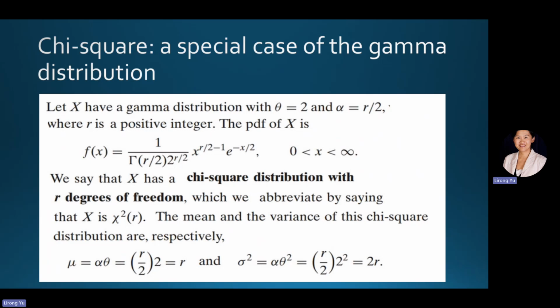All right, chi-square distribution. As we mentioned last time, chi-square distribution is a special case of the gamma distribution. What's special is the theta and alpha that we mentioned in the gamma distribution. Theta was the average waiting time for one exponential distribution. Now we purposely made theta equal to 2, and that's really different than the other case.